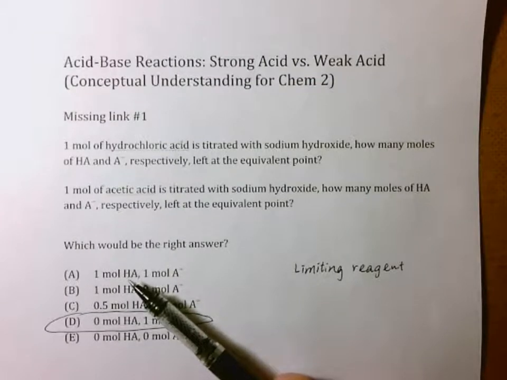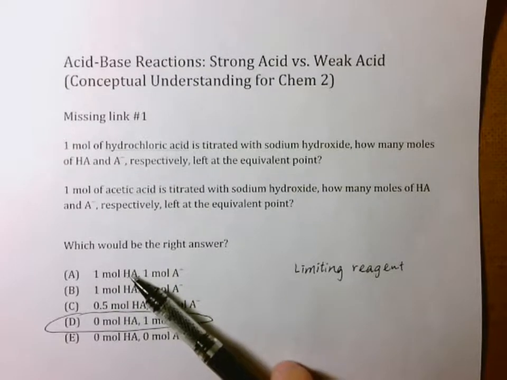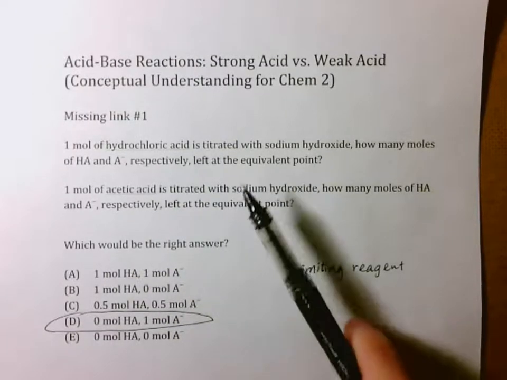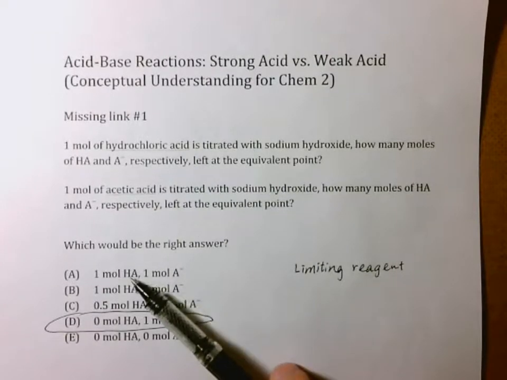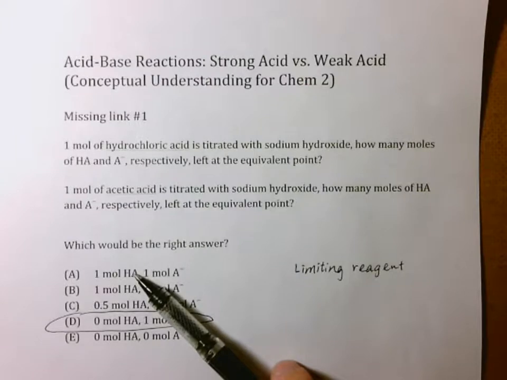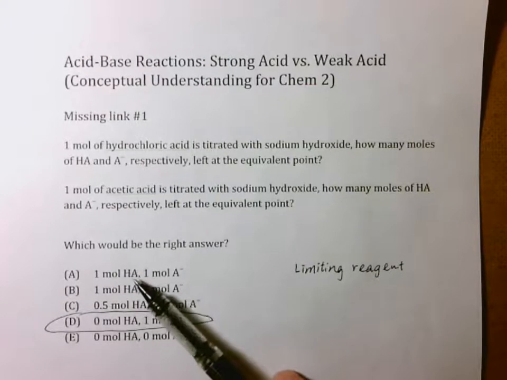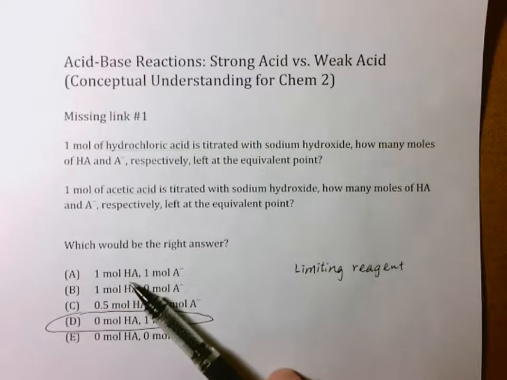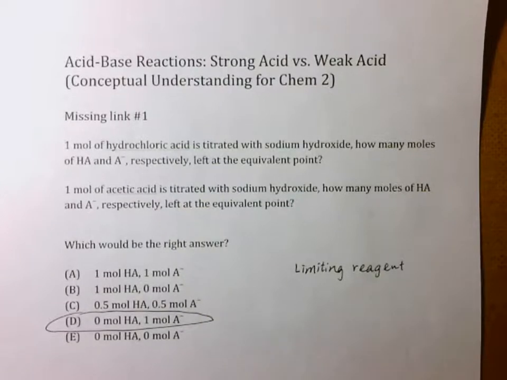When you keep adding hydroxide, they did not think about that the acid is actually changing. At the end, you get chloride or acetate. But the acid part is being consumed. You cannot create something out of nothing. The amount of A minus that was present, at the end, you still have only 1 mole.